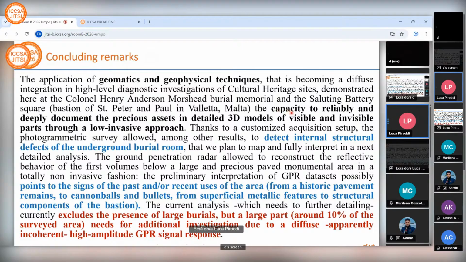The capacity to reliably and deeply document precious assets, and to give information for further interventions, like detecting internal structural defects, and also to point out scenes of past uses, like the historical pavement remains, some cannonballs and bullets under the pavement, and other elements. We can say that excluding the main monument, we haven't found any underground rooms or large burials in the square.